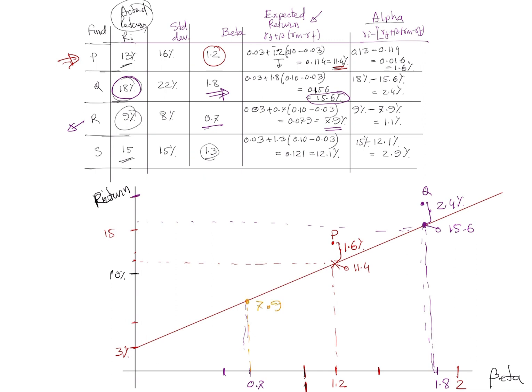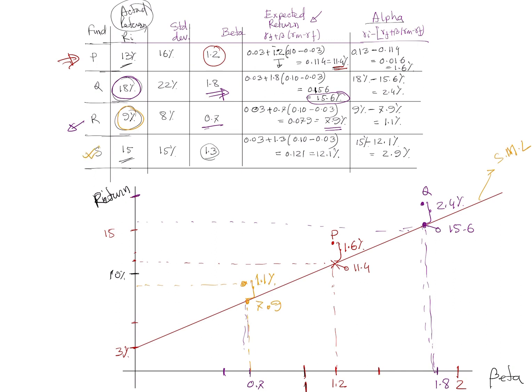The security market line is actually plotting the expected return based on the CAPM in a beta and return graph. So this is 7.9, but the actual return is 9%. So actual return is somewhere close to that. And the difference of these is 1.1%. So this one is the alpha.